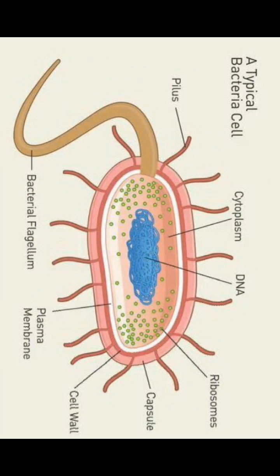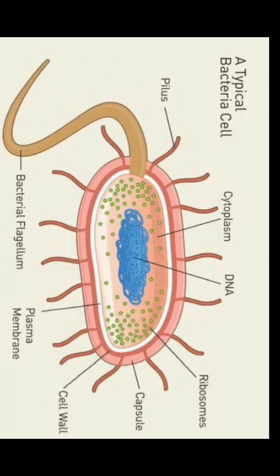Then one more important one is genomic DNA. The genomic DNA is generally a single chromosome and circular in shape, hence called circular DNA. You can see the blue colored DNA, circular in shape. Understand? As well as you can also see the plasmid in this diagram on the screen, right? I will show you one more important diagram. Please have a look.